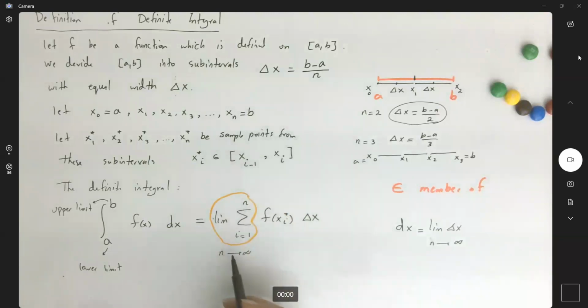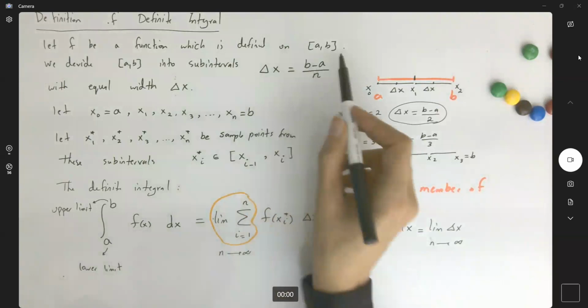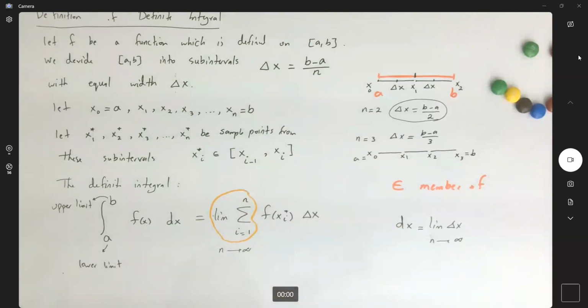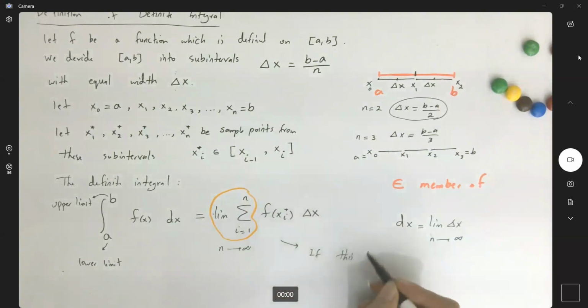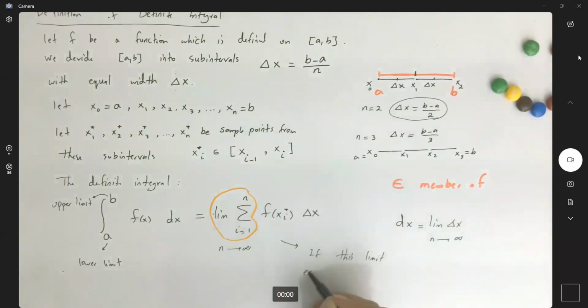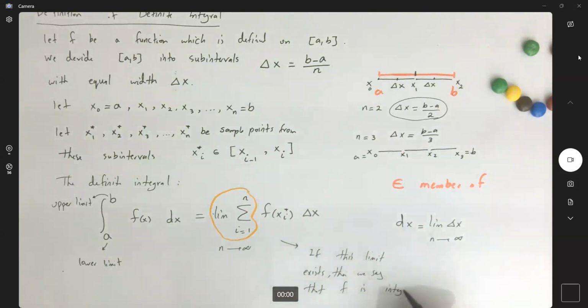If this limit exists, we say that the function is integrable over the interval. If this limit exists, then we say that f is integrable on the interval a, comma, b.